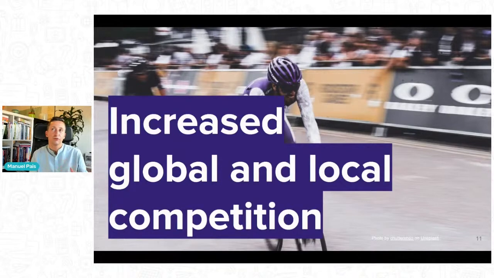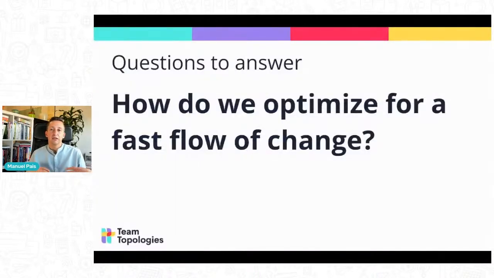So also, when we're talking about business agility and fast flow, those are kind of high level, if you like, ideas, and it's not about following a buzzword. It's about being able to answer some questions, right? So it's not that we want business agility per se.